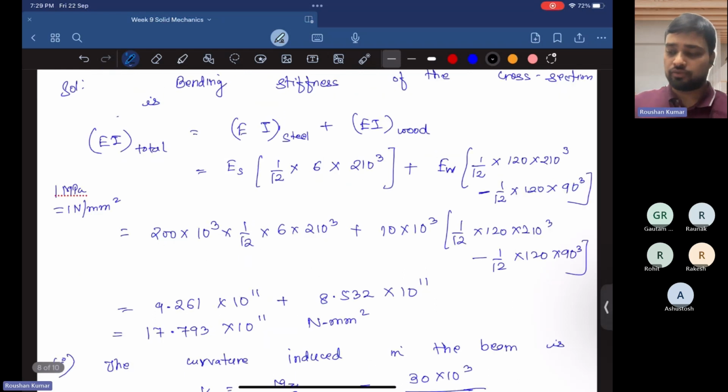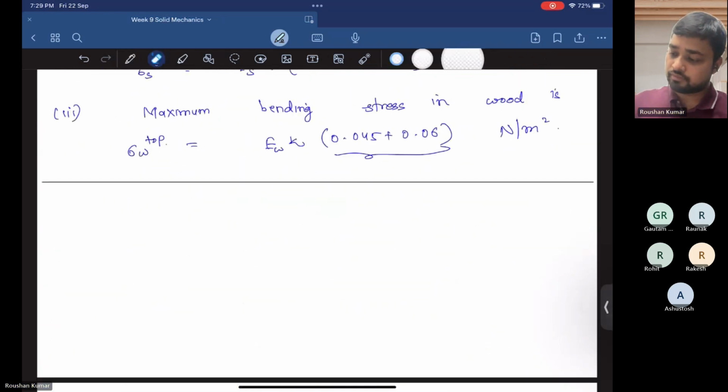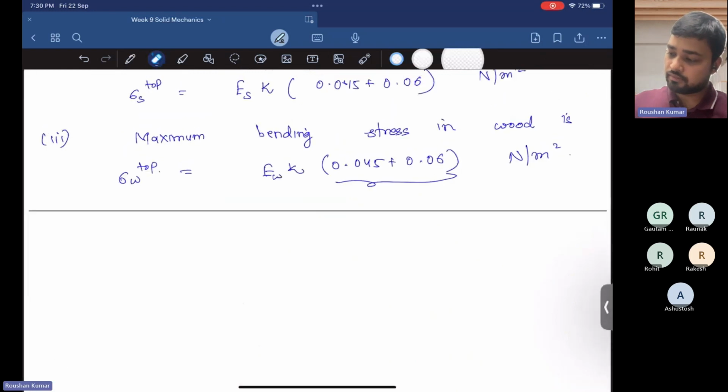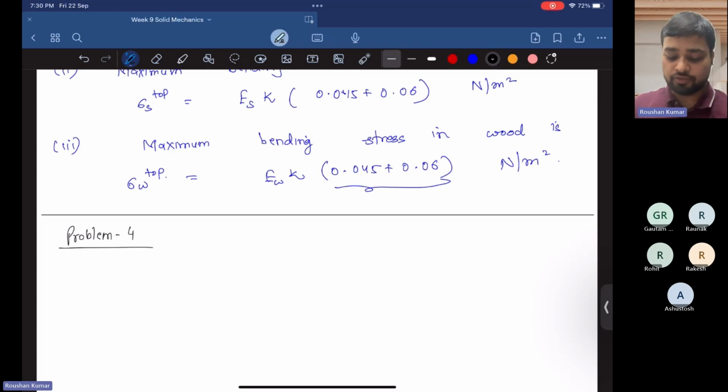Now move forward to the next question, that is problem number 4. This problem is also based on the bending of beams, so I will write the question. Follow this question.